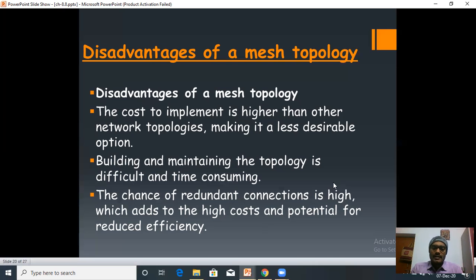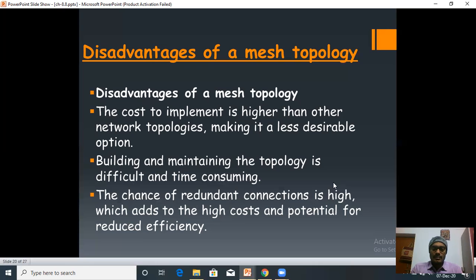Now the last point: the chance of redundant connections is high, which adds to the high cost and potential for reduced efficiency. Redundant means now it is not used.